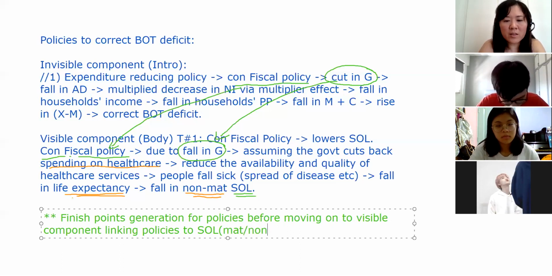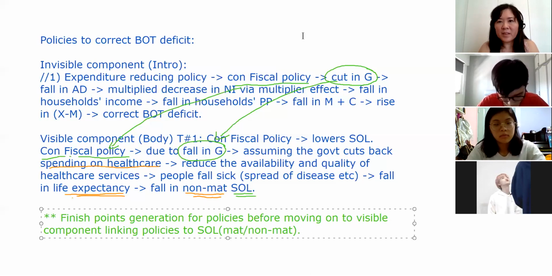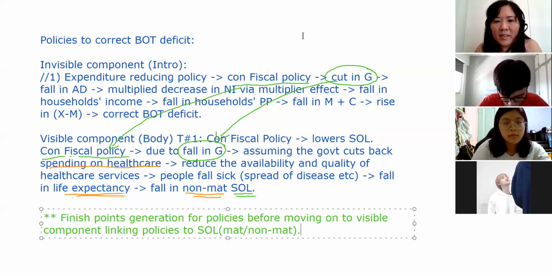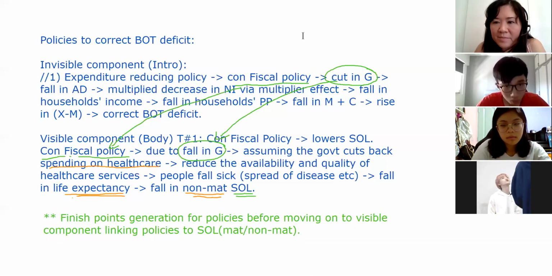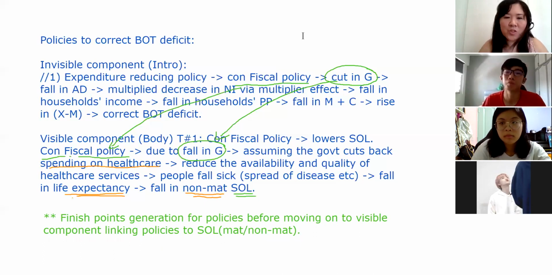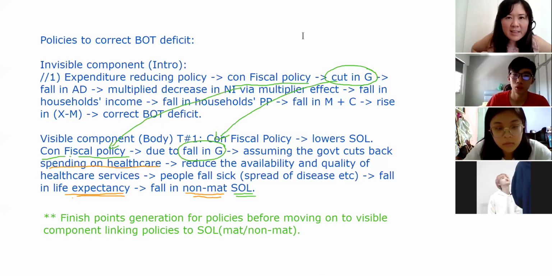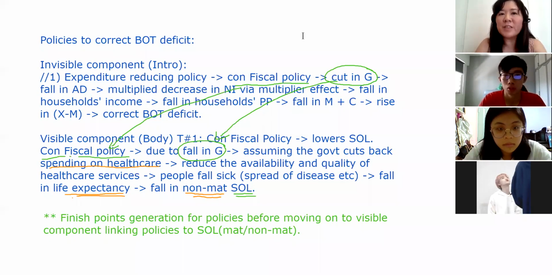Got it? Understand the approach? Okay, very good. So with that, we'll end here for the day.